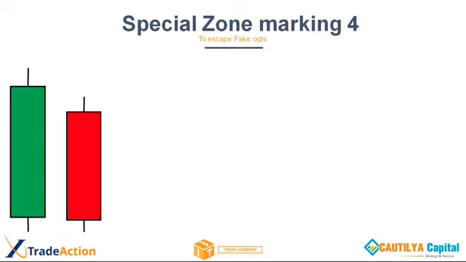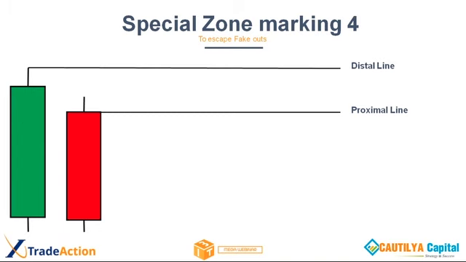Special zone marking. Now this is the proximal line. This is the distal line. This is the answer to Arvind's question: what if a base is a V shape? This is a V shape where there is no base at all.